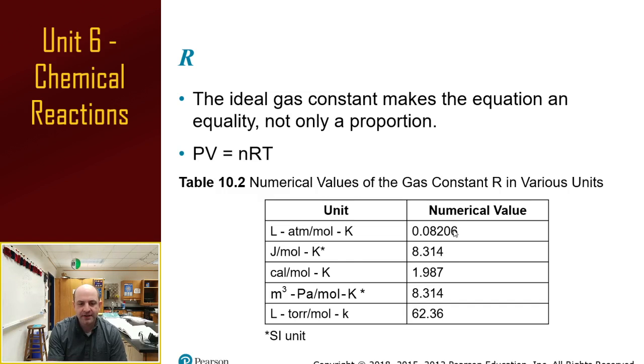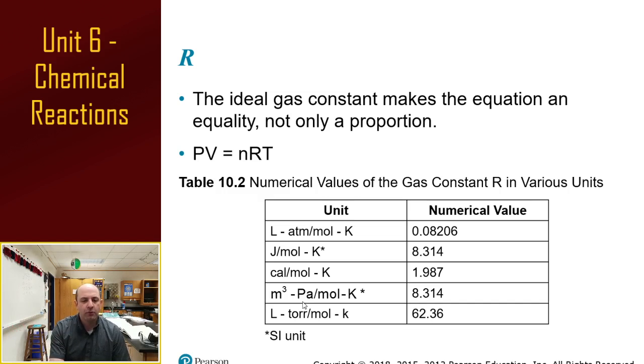You say, well, why are these numbers different? Well, it's really related here. You go from liters to cubic meters for volume. You go from ATM to pascals. And when we use those conversions, 1 ATM is 101,325 pascals. And 1 cubic meter is really, I'm trying to remember how many liters that is. It's a large number. It's like 10,000 liters, I think.